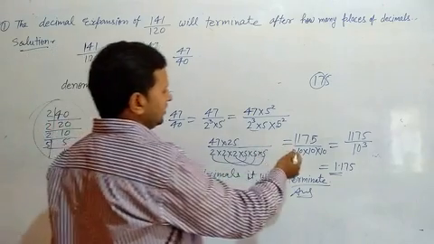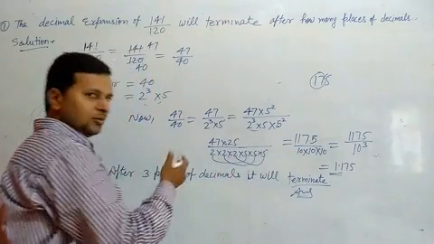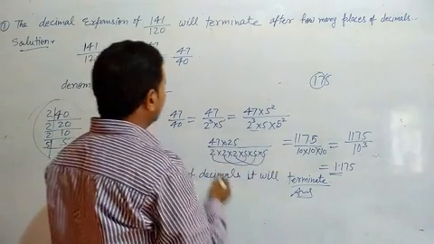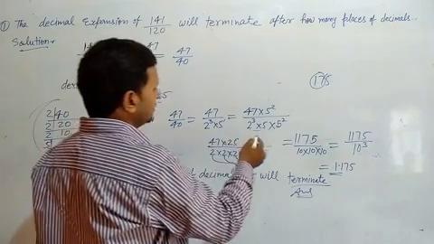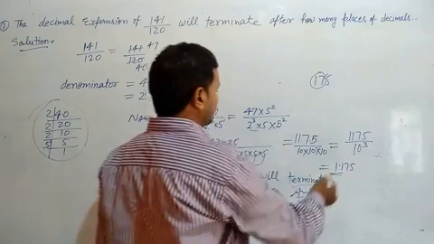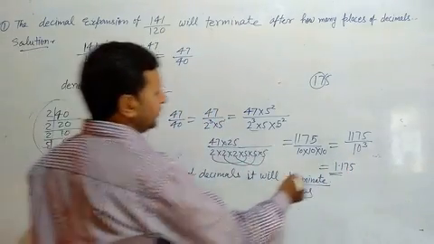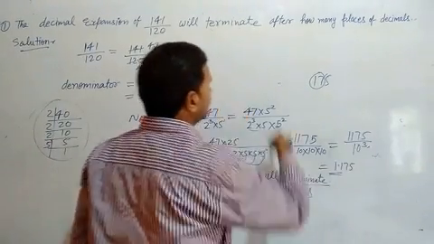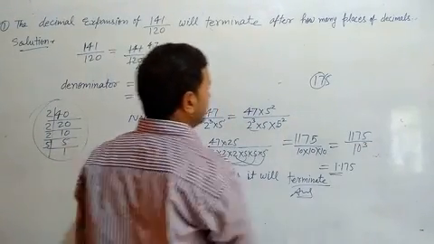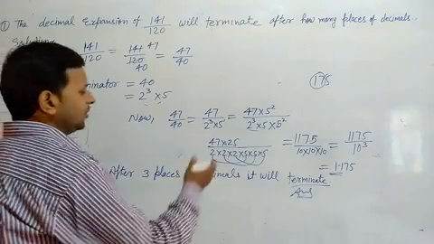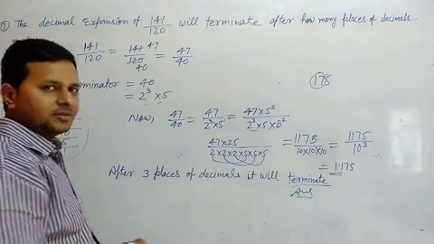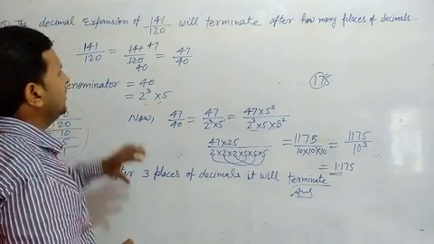There are many rules to find it, but this is the most important and easiest rule. The power of 10 is the number of places. It is strict. If we get power 3, our answer is 3. If we get power 4, after 4 places of decimals it will terminate. We can solve every question the same way.